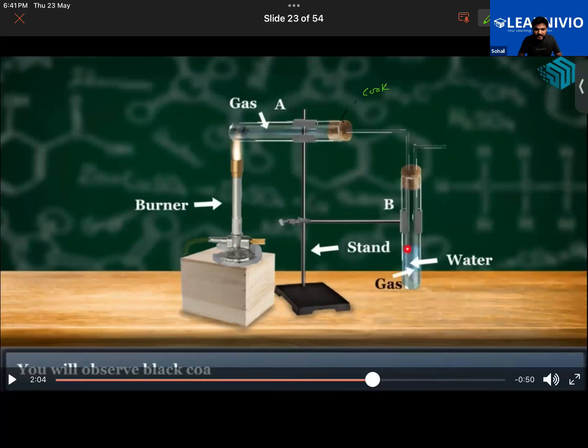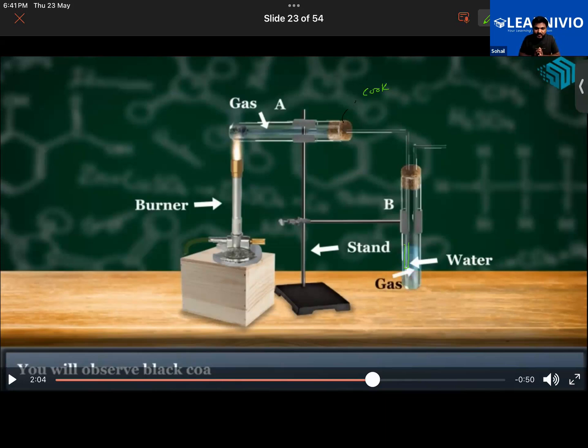The gas coming out from test tube A will go inside the water. If you look closely, this glass tube is dipped inside the water. It's not outside the water. Getting it now? So gases will start to come out from this end of the glass pipe and react with water.